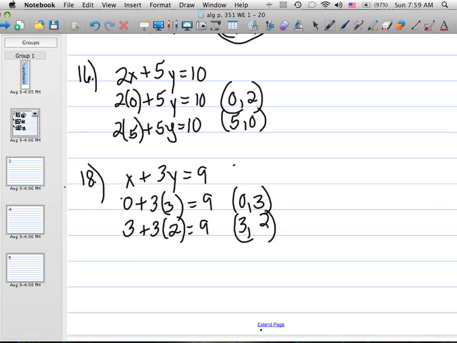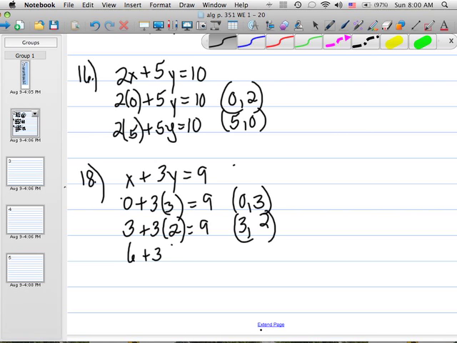If I put in 4, I would need a 5 here. If I put 4, I would need 3 times something to make 5. There's no way to do that. So 4 won't work. 5, I would need a 4. That wouldn't work. 6 would work. I would need a 3 here, and I can get that by letting y be 1.